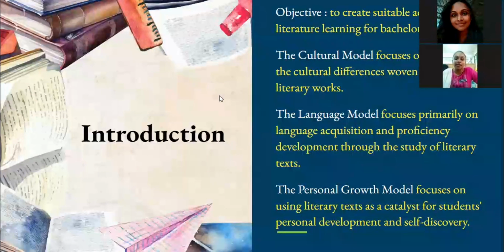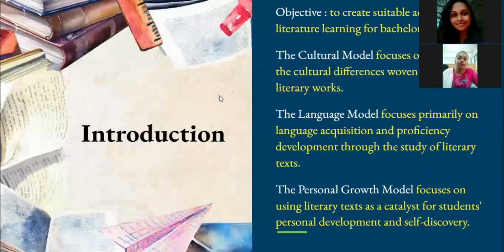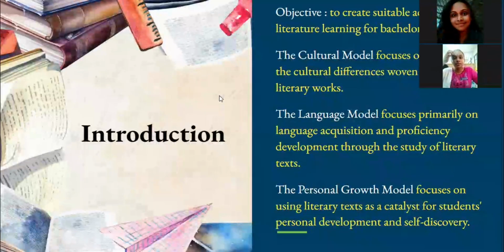And the third model, which is the personal growth model, is the model that focuses on using literary text as a catalyst for students' personal development and self-discovery. So usually educators that use this model use it in order for the students to personally develop through the literary text.